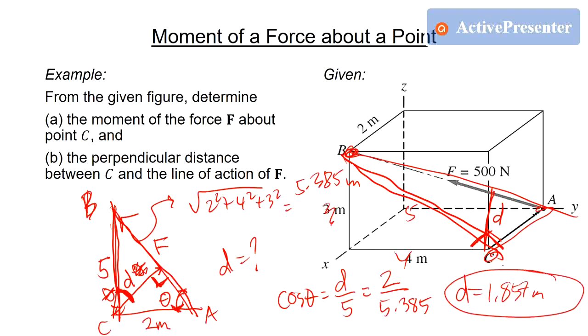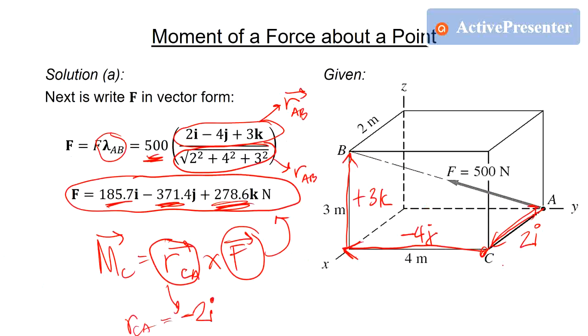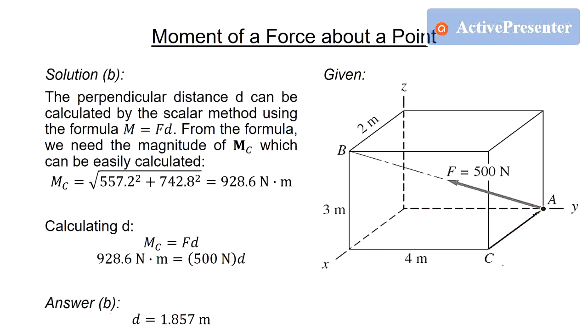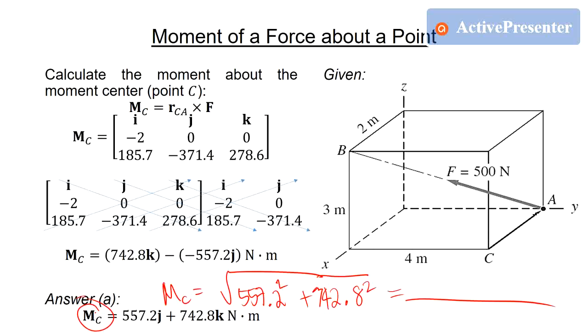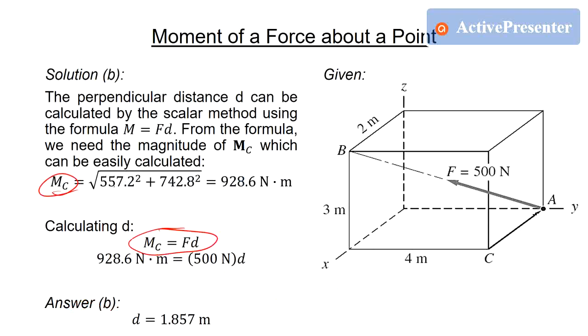But there is an easier solution. We can use the formula M equals F times D, because we already have the magnitude of the moment from this vector form. You calculate its magnitude, which is this one. Then we also have F, which is given from the problem, which is 500 newtons.